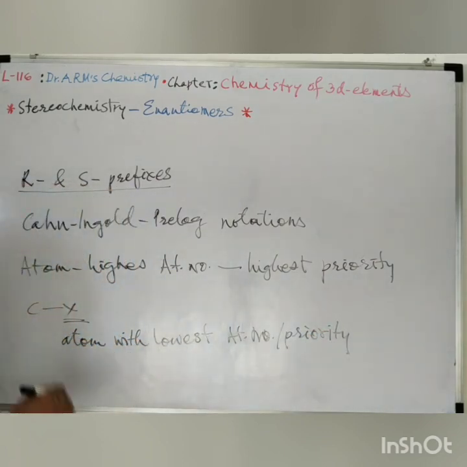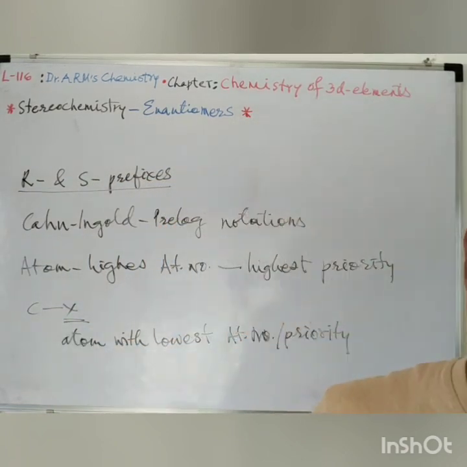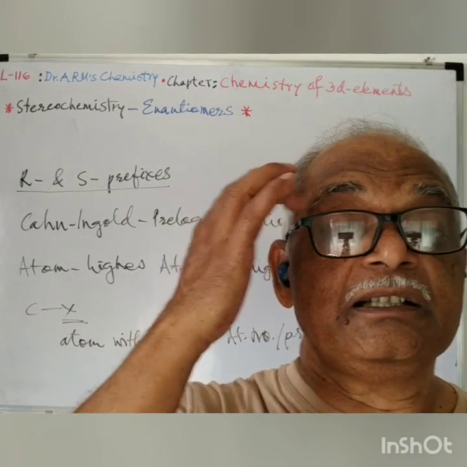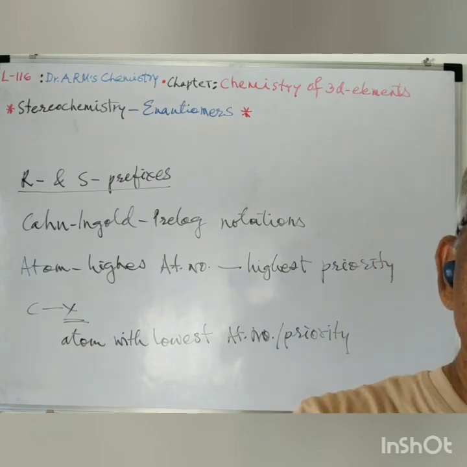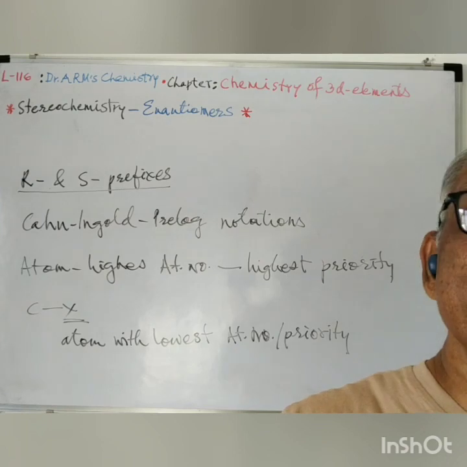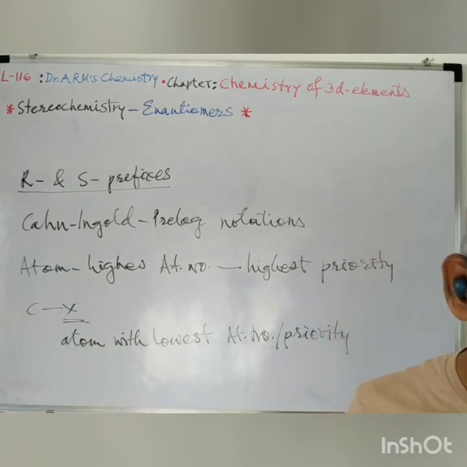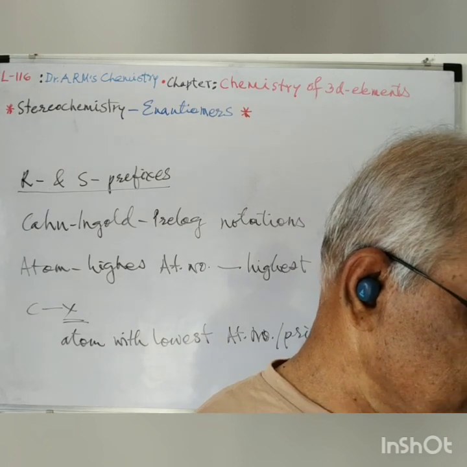So the structure is viewed down the C-X axis, and on that basis we give the terms R and S. The C-X vector is used as the reference from which priority is considered to be increasing.